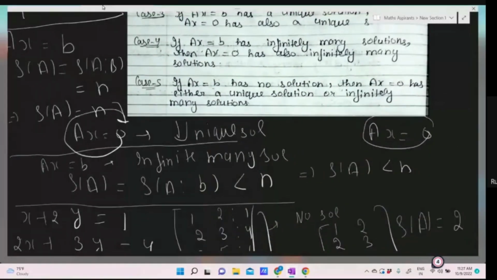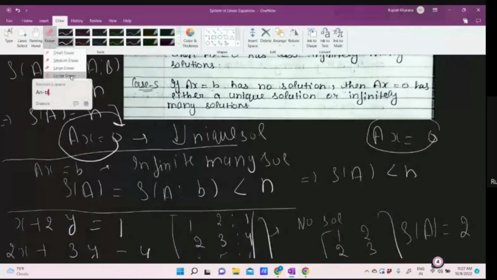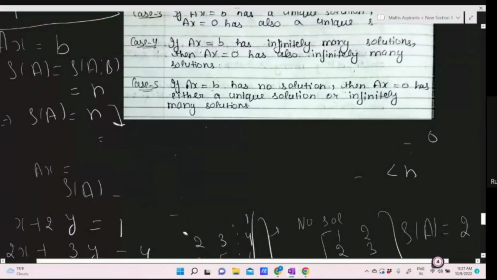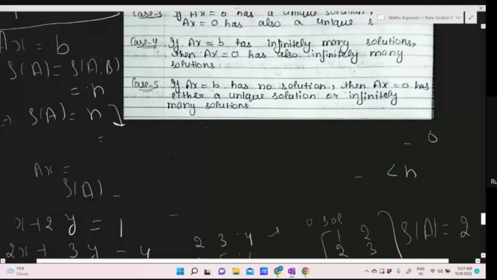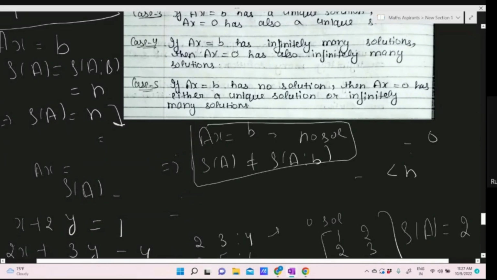How can we say that the case of no solution here is not possible? For this, given that Ax is equal to B has no solution, here we can easily see that the rank of A is not equal to the rank of A augmented B. You can see this condition given that the system will have no solution.